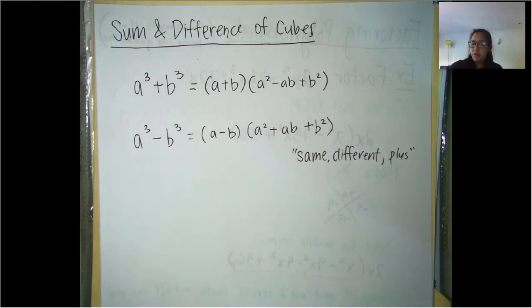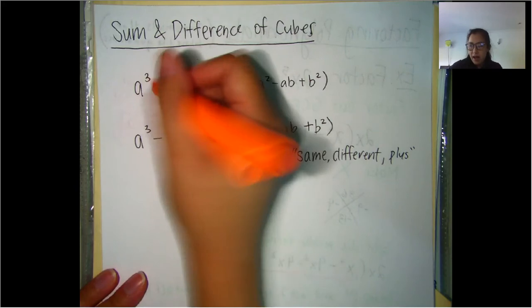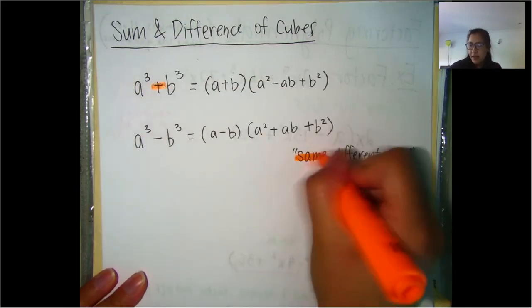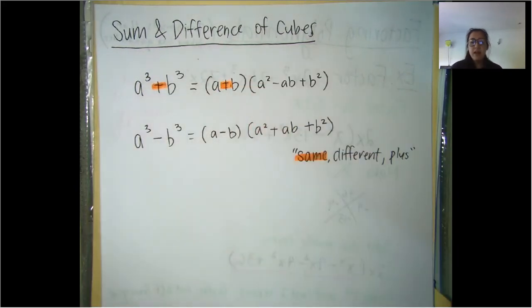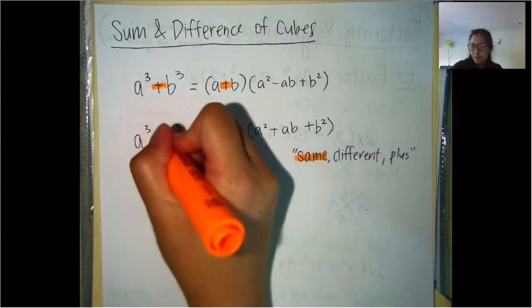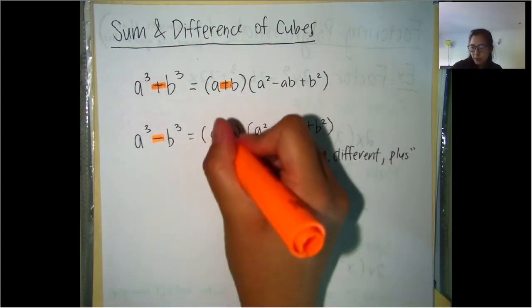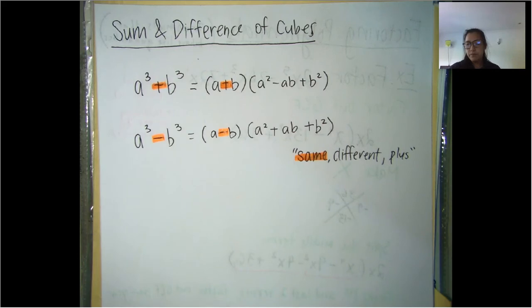If we're doing plus, the first sign would be the same, this plus, and if we're doing minus, the first sign would be the same, which is this minus. And then of course the last one is always plus.